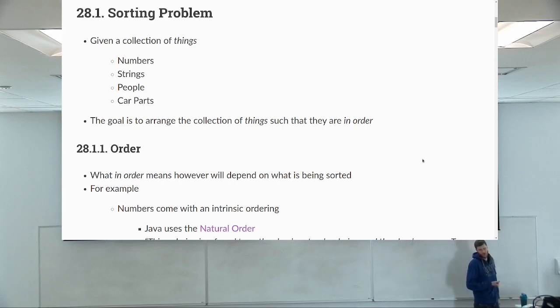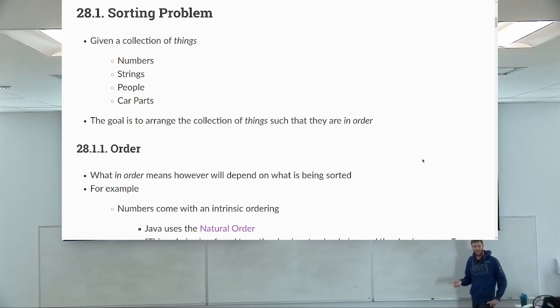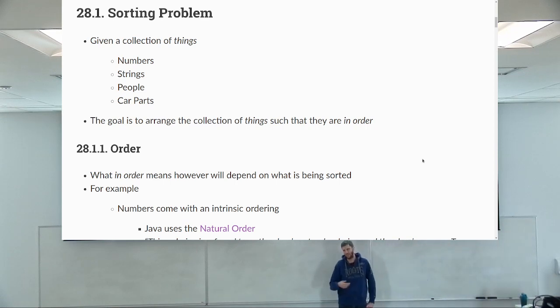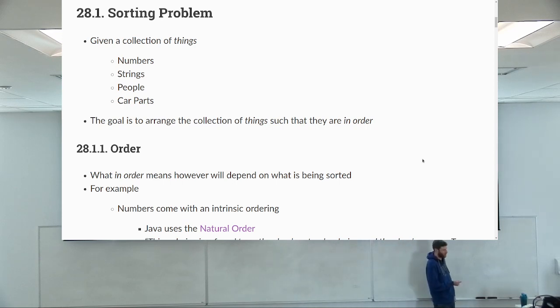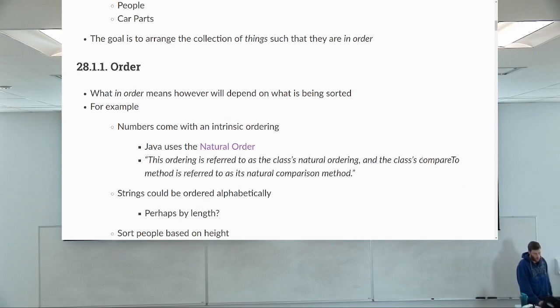Really, if I say sort these things without being more specific, what does that mean? Though with things like natural numbers, if I say sort these numbers, the natural thing you would think of is, well, ascending order. But if I gave you a list of names and I said sort these things, you'll probably think alphabetically, but maybe it wasn't. If I give you a list of car parts and I say sort them, you're going to ask me, how? What's the order?